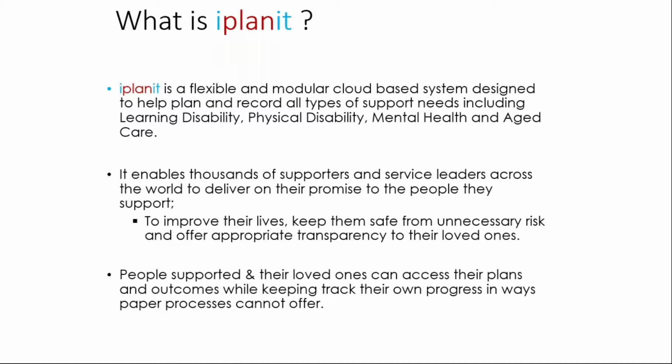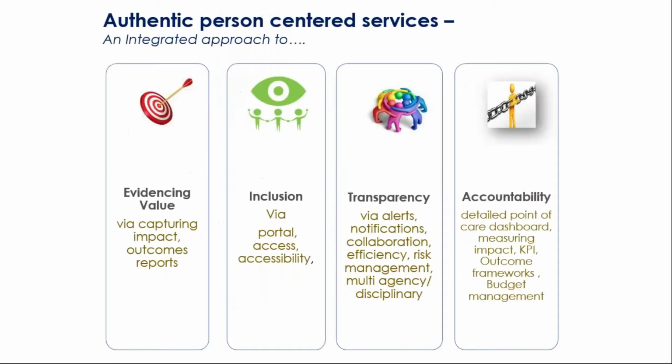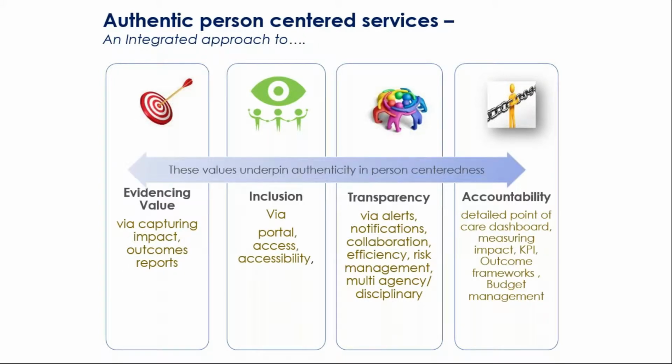People supported can access iplanit, and their loved ones can also access it. It's an inclusive system, so people supported and their families can access it. It really makes it very easy to access what's going on in somebody's life in terms of the support they're receiving from the provider. So just to drive that point home about being a person-centered system.